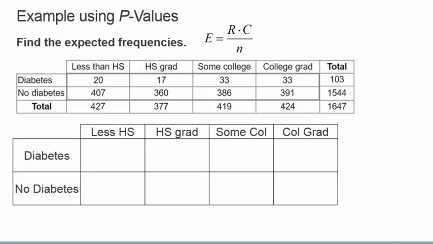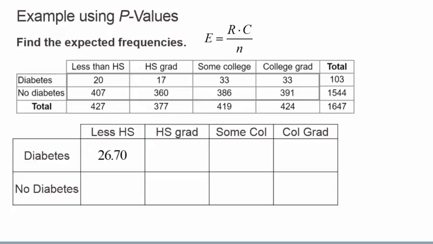I start with the total for less than HS and the total for diabetes. So I have 103 times 427 divided by 1,647, which gives us 26.70.